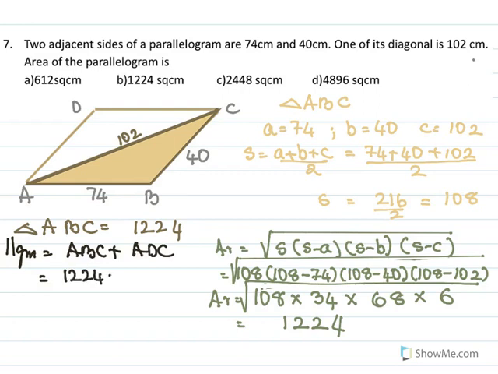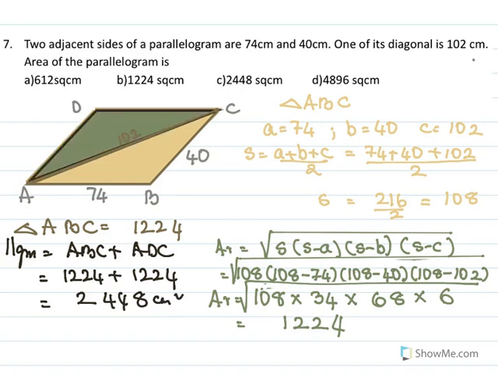So 1224 plus 1224, which is 2448 centimeters square. So here ADC also has got the same area, 1224. The two triangles of a parallelogram always have equal areas, so you add them up. Here this will be 74 and this also will be 40.